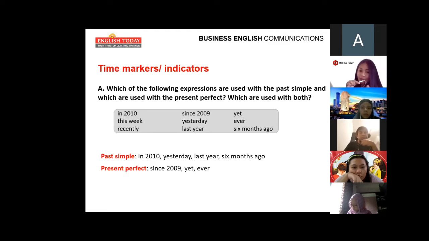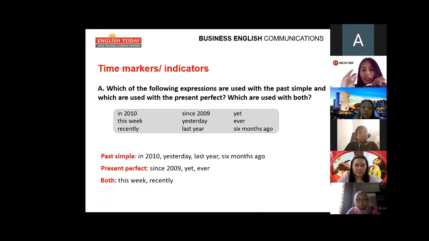And yet has something to do with the past connected to the present. Also ever. We will use ever later for our speaking practice when we talk about experience: have you ever? To talk about life experience in general, some point in the past, I don't know when. So ever from the past continues till now.